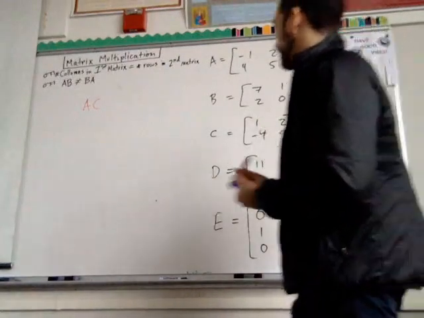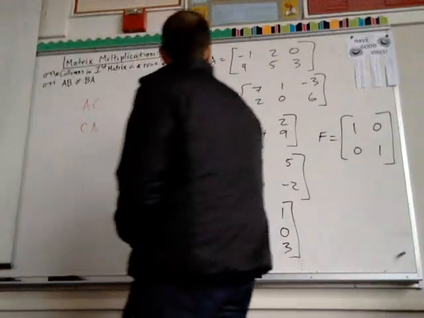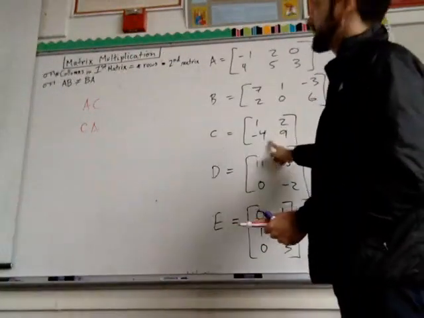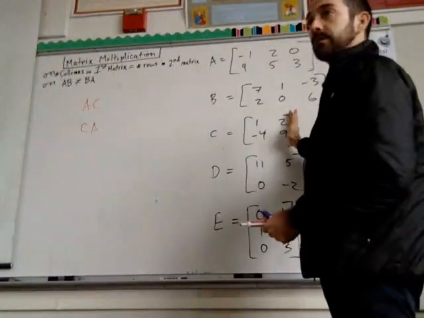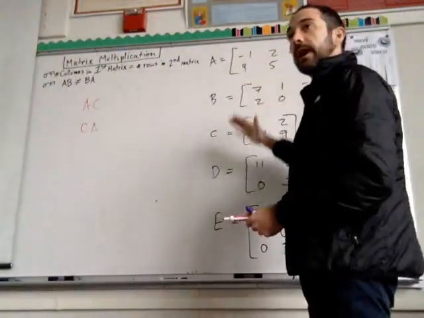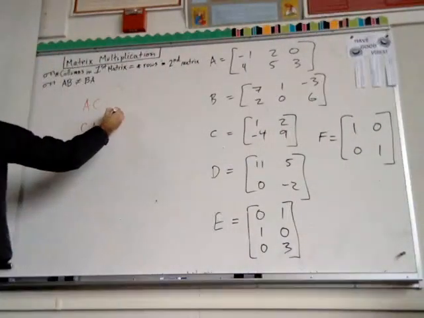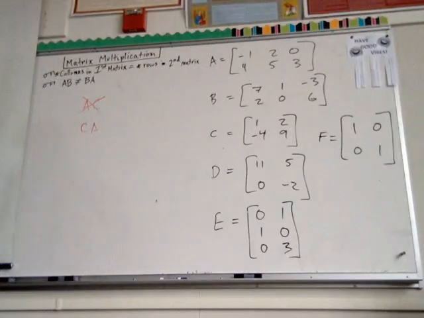But let's double check. How about C times A? C has how many columns? 1, 2, right? A has how many rows? 1, 2. So actually, you can't do A times C, but you could do C times A. You see how it actually has to work out that way.